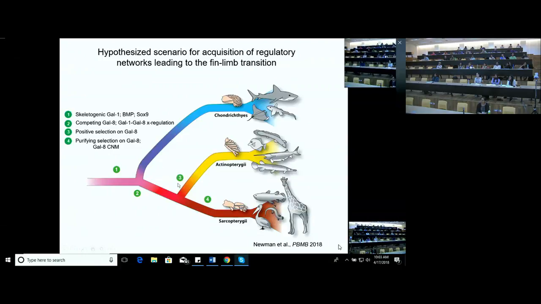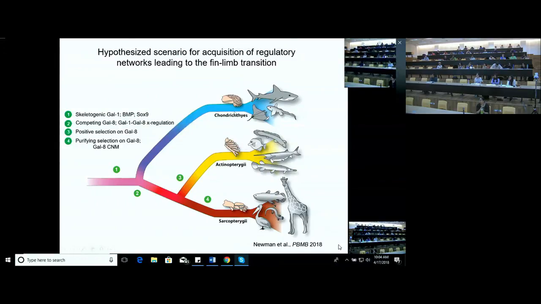But then we get to number 3, we get galectin-8 jumping to a different chromosome, and we get positive selection on it. It's no longer competing with galectin-1, and we get variations in the endoskeleton, in the cartilage-based skeleton of these ray-finned fish.